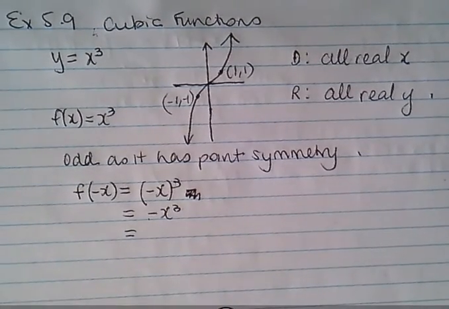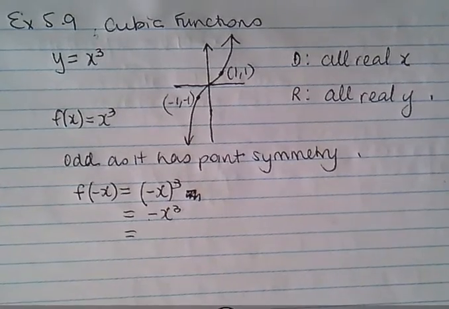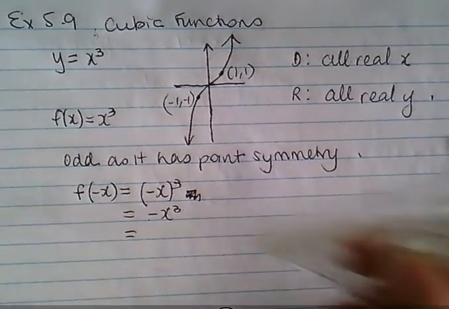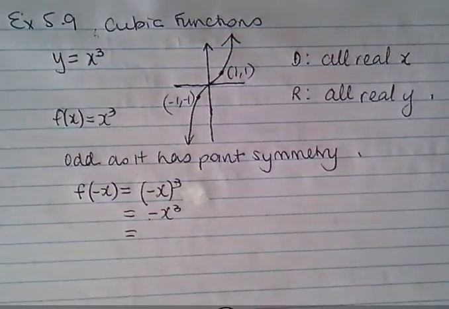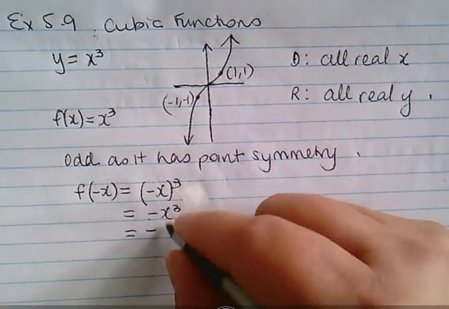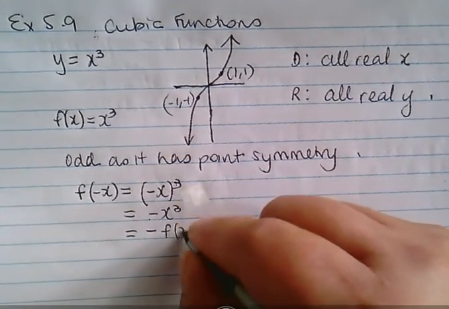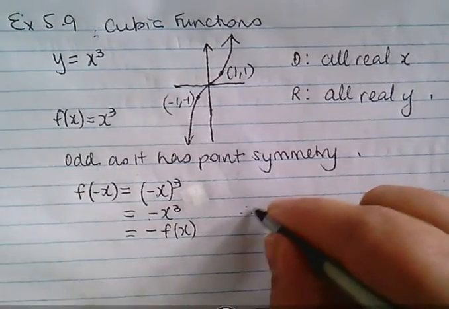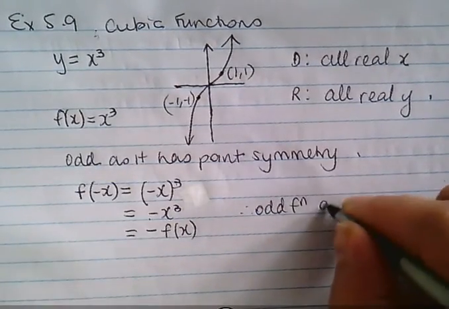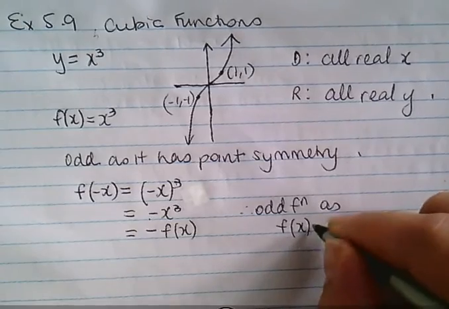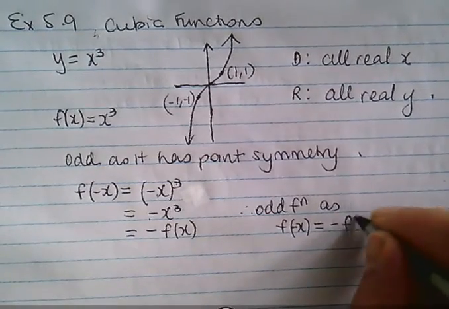Or do you like to write negative f of x separately on a new row? You can do it either way. Which equals the negative, and x cubed is the function of x.